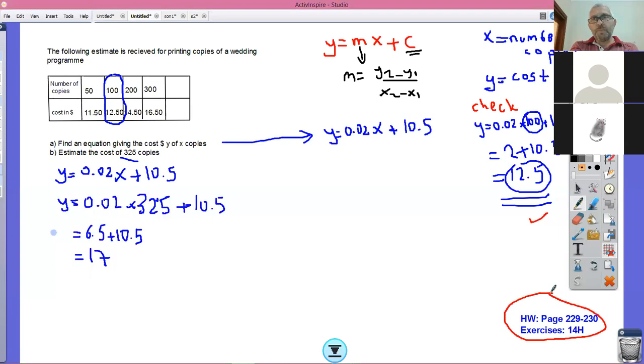Try to solve them, and if you have questions, tomorrow or after tomorrow we are going to answer them. Is there any question? No. After that, we will continue with exercises 14H. See you tomorrow or after tomorrow.